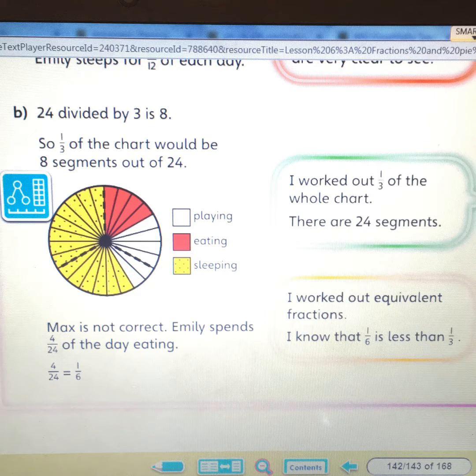So actually, she only spends 4 hours of the day eating. So she eats for 4/24ths of the day. And if you simplified that, it would be 1/6. So actually, she doesn't eat for 1/3 of the day. She only eats for 1/6 of the day. Well done if you thought that Max was incorrect.